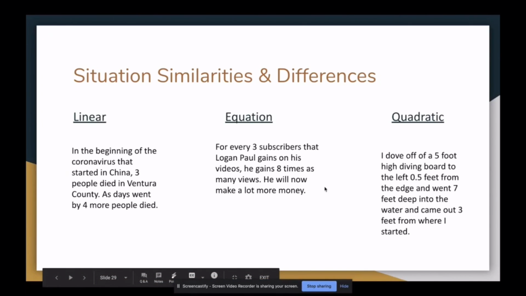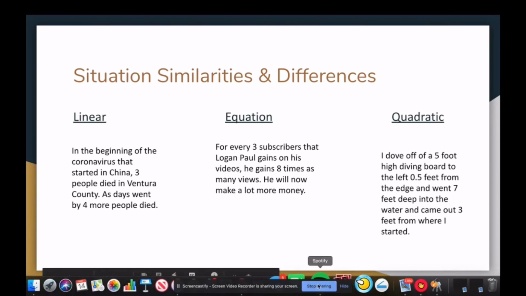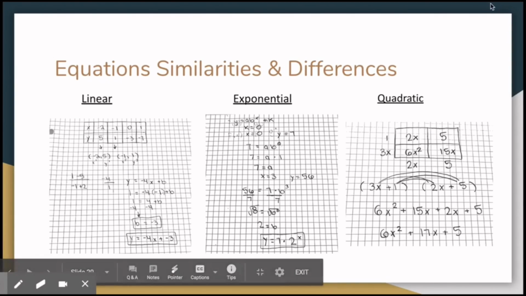And then quadratic's a little different from the 2, but the differences from quadratic and the 2 is that we used a parabola to make this, but they're also similar because we used our y-intercept and our x values to find all of our points, but for the quadratic we also included our vertex and both of our x-intercepts within it. And that's the similarities and differences between the 3.